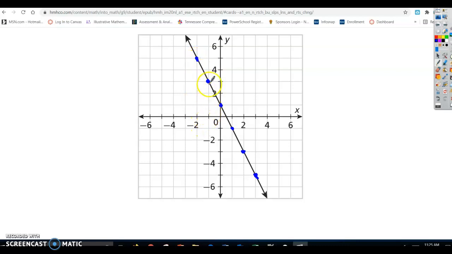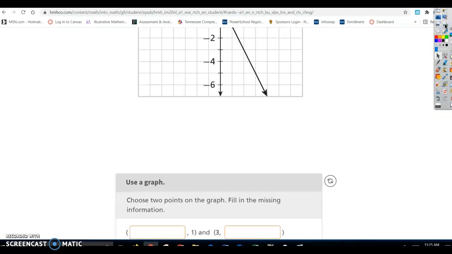This one would be -1, 3. This one would be 0, 1. Then 1, -1; 2, -3; and 3 goes with -5. That shows us that we have several points to work with, and we only need 2 points to find the slope.